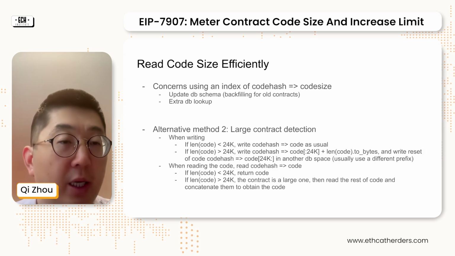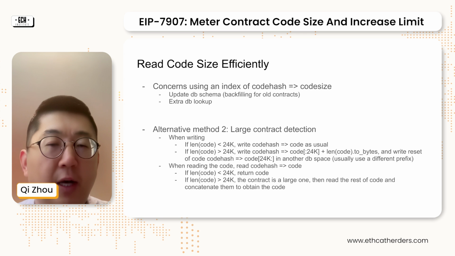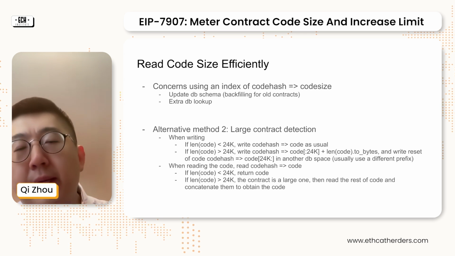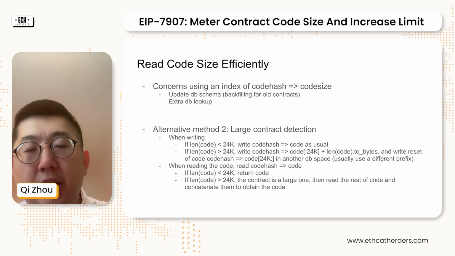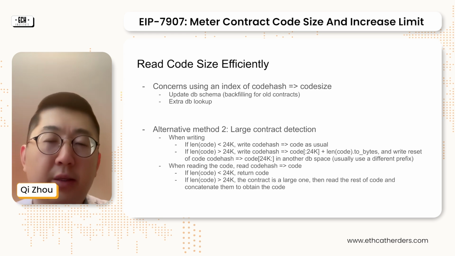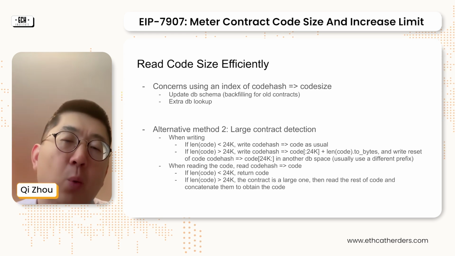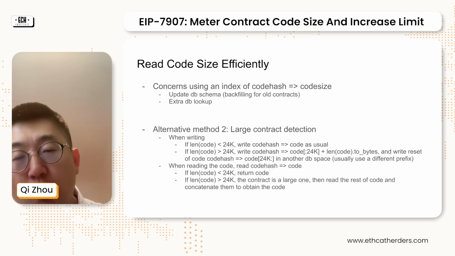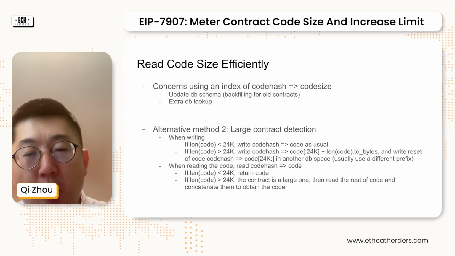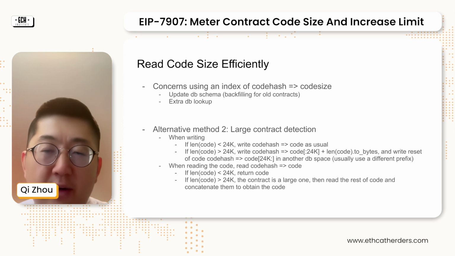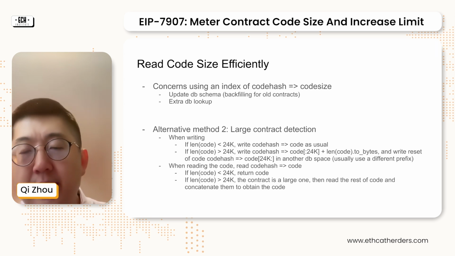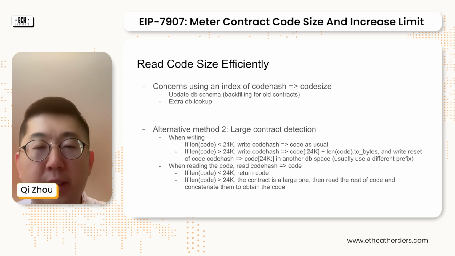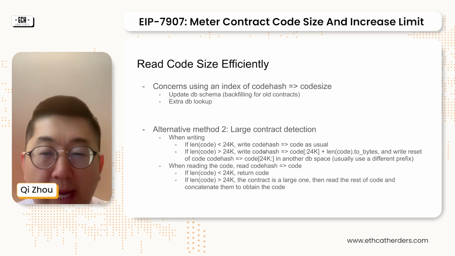There's another method. Here is the second method, which we call large contract detection. It is a little bit complicated, but the basic idea is to reuse the existing data schema. When the code is greater than 24 kilobytes, we write to the existing code hash to code schema the first 24 kilobytes plus additional information, that is the number of bytes of the code. I should probably highlight this part.